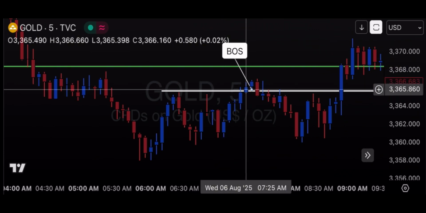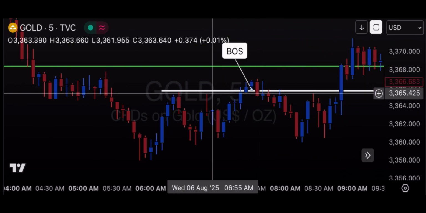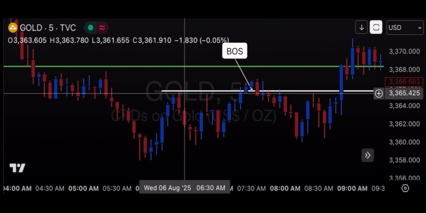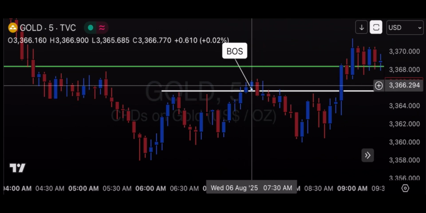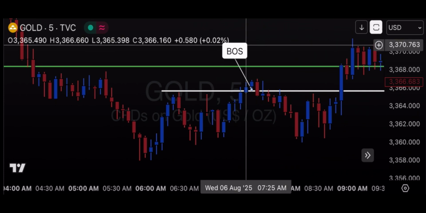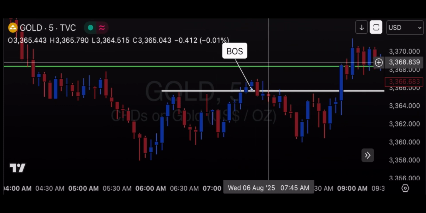So if this line right here is our break of structure line at the previous lower high, in this situation due to it being a bearish trend, then whenever we broke through this point right here, that means this right here is our break of structure, BOS.